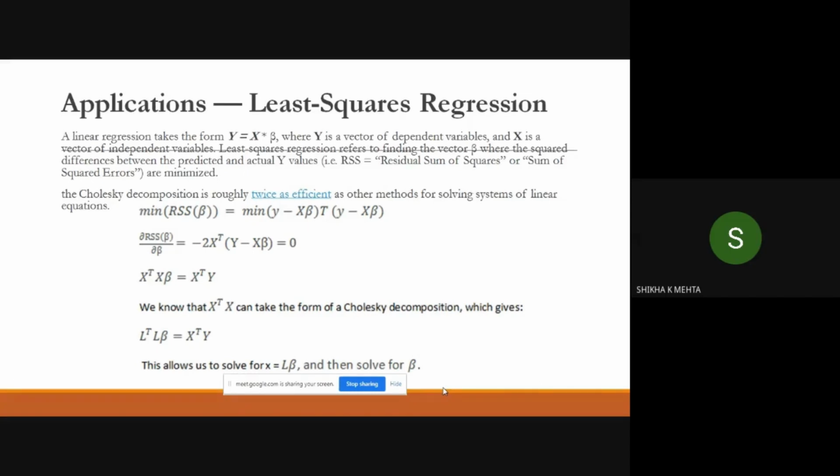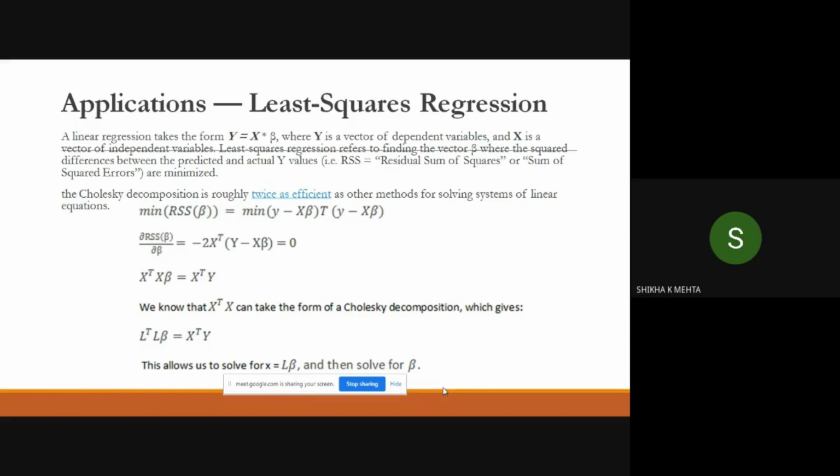Let us say you want to predict the price of a house, or you want to predict the price of any shares in the share market. So in that case, your x are the input values that you are going to take, and y is the value that you want to predict.